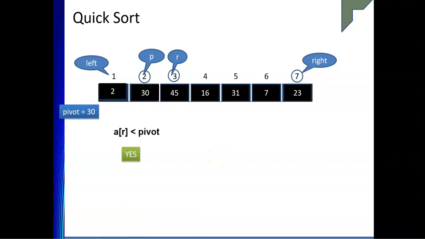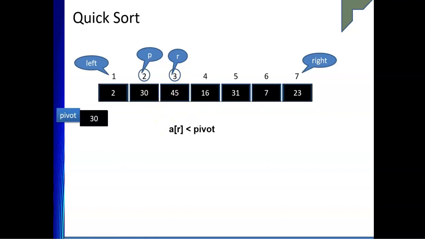Now again we are only shifting the elements. Next we see whether AR is less than the pivot; 45 again is not lesser, so it stays like that. Next I go to 16.